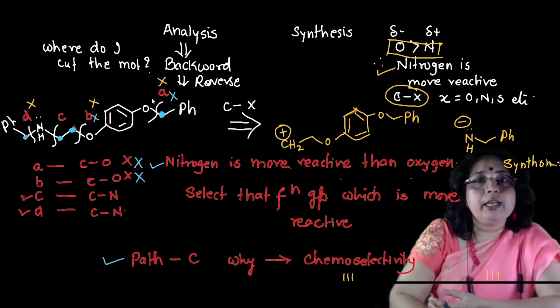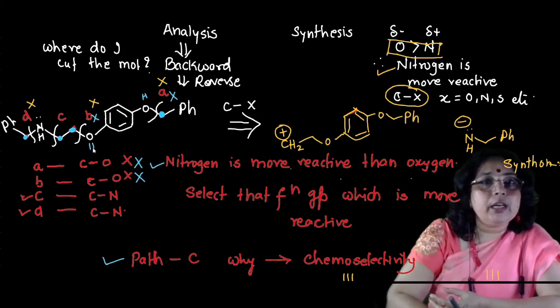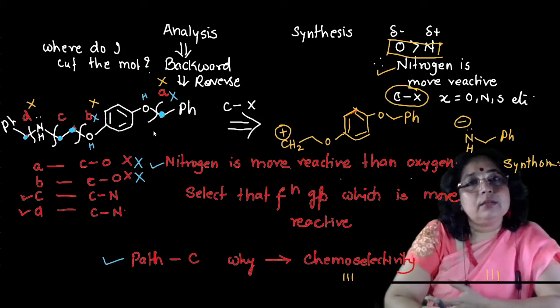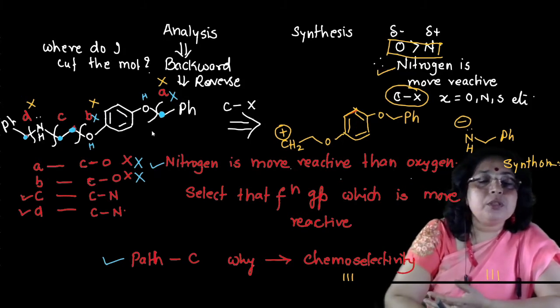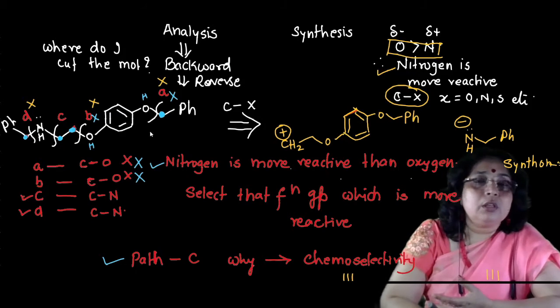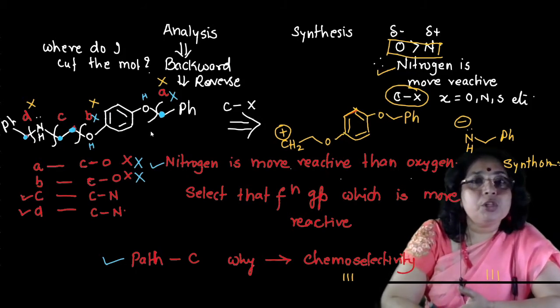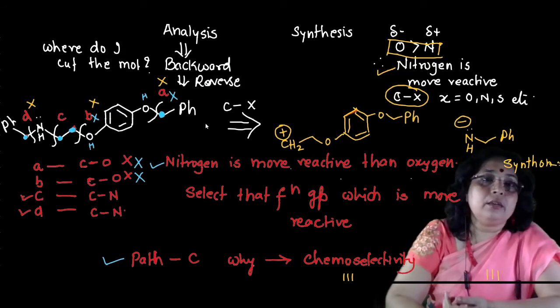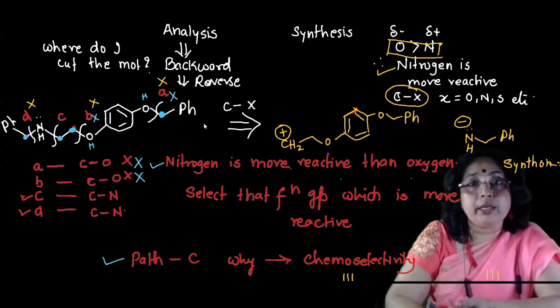So you can see that how many reactive groups are present. Here if you disconnect this, you will get OH over here. If you disconnect here, again OH over here. So if a molecule possesses more reactive groups, then in such cases there will be a competition between these two functional groups which are more and more reactive. So naturally the incoming reagent will react to the more reactive group.